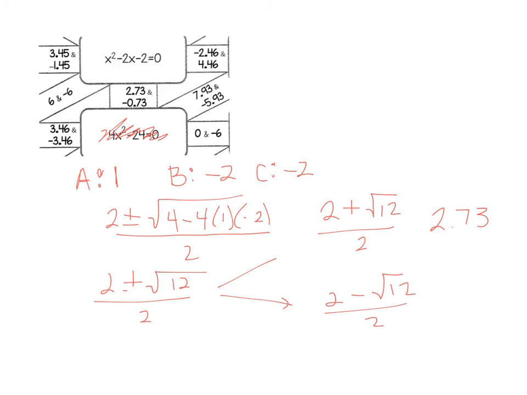And then on the bottom, 2 minus square root of 12 equals, divided by 2, negative 0.73. It's 2.73 and negative 0.73. We're going to go straight down.